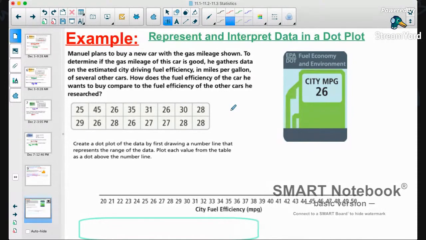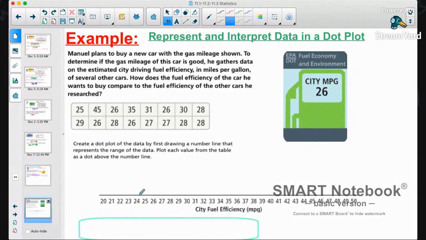How does the fuel efficiency of the car he wants to buy compare to the other cars he researched? First of all, ladies and gentlemen, these are the data that Manuel collected from his research of the other cars, of the gas mileage per gallon.